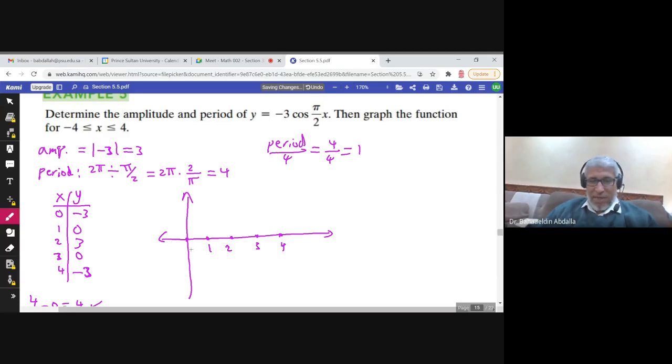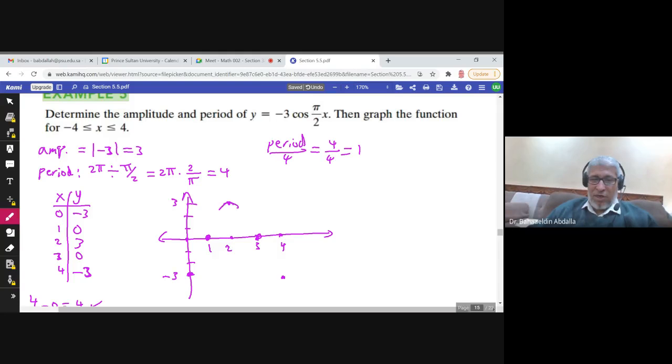All right. At 0, it is negative 3. At 1, it is 0. We have an x-intercept here and here. At the beginning and the end, I have a minimum. In the middle, I have a maximum. The maximum is 3, and the minimum is negative 3. So the range is from negative 3 to 3.